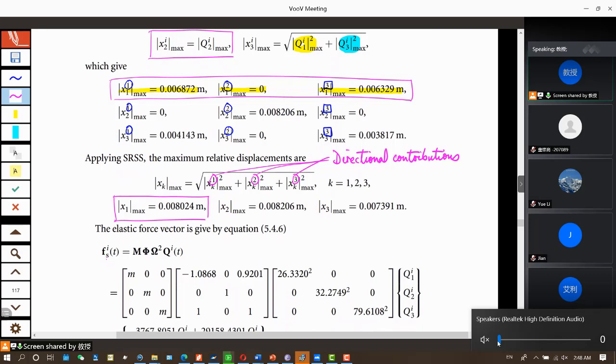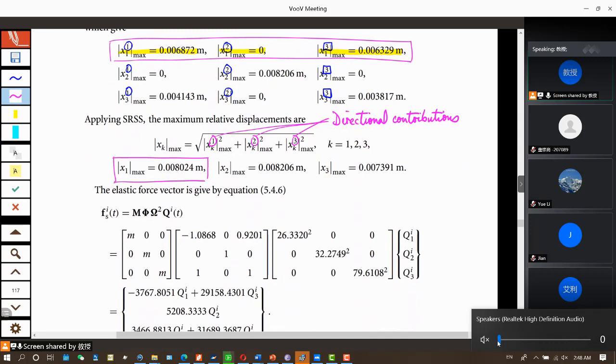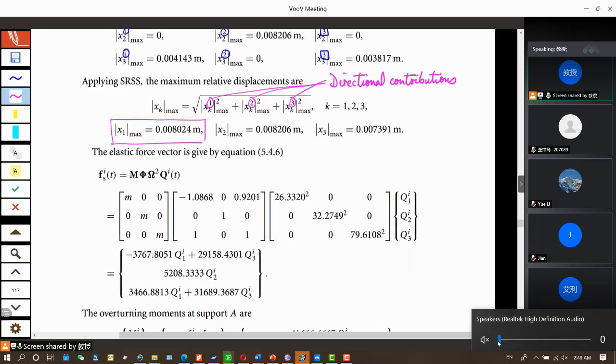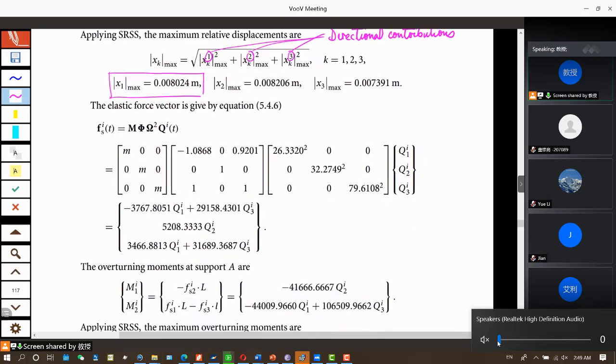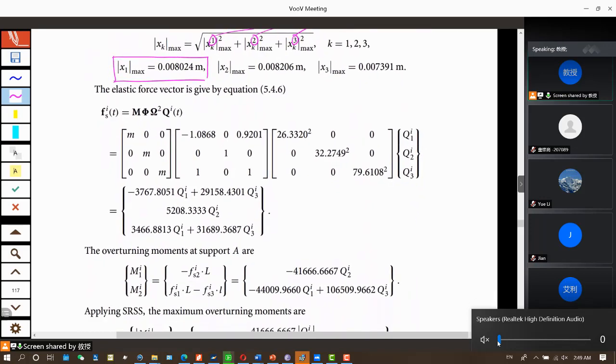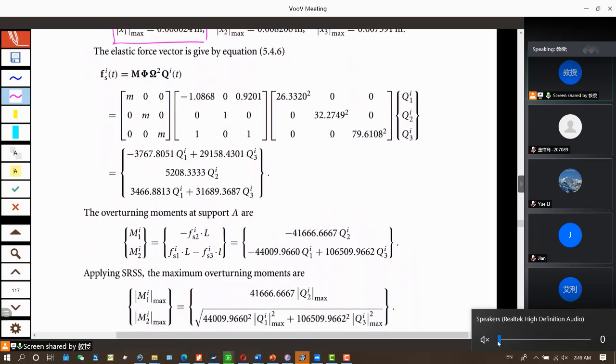You can derive this quite easily. Now we can combine the moment. This term is this term because there's only one term. So maximum M1 is related to maximum Q2 through this.